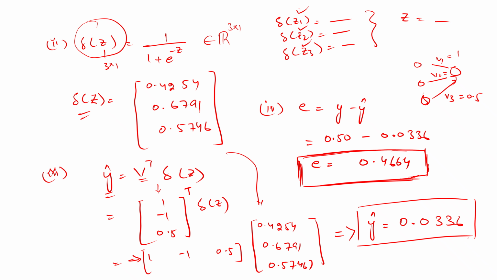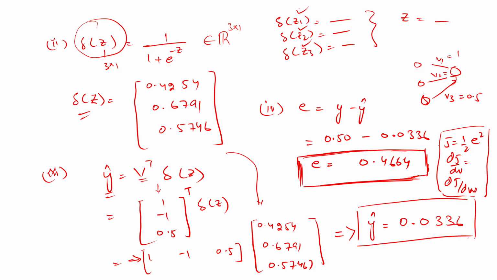After that, previously we used a loss function and then derived dj by dv and dj by dw. Now we don't have to go into this mathematics because we already know the formulas.